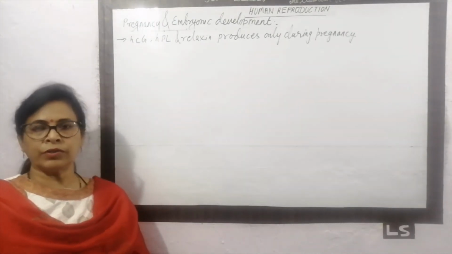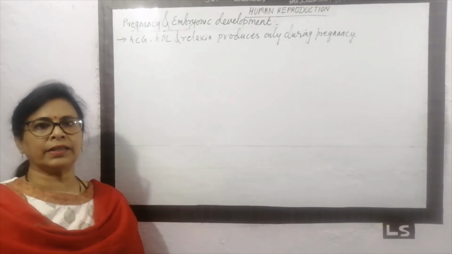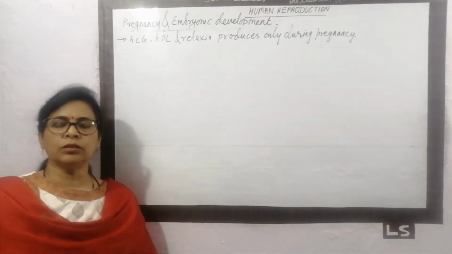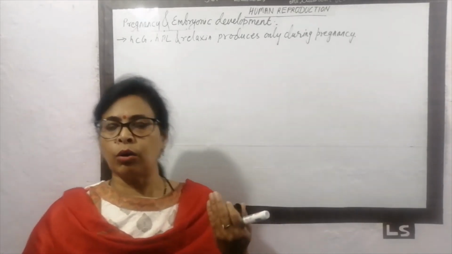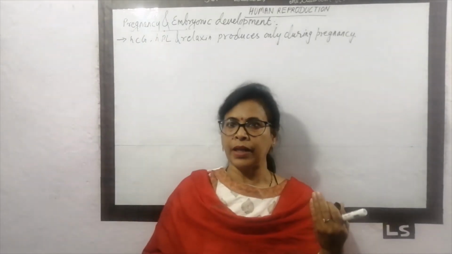Increased amounts of some hormones during pregnancy are estrogen, progesterone, cortisol, thyroxine.